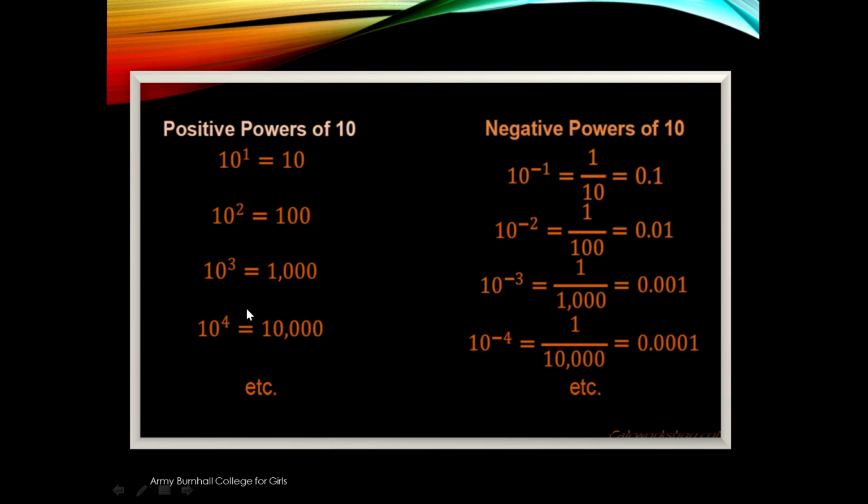You can see over here, with positive power 4, the decimal is after 4 zeros after 1, and with minus 4, the decimal is 4 places before this 1.